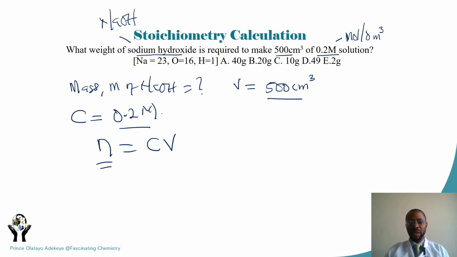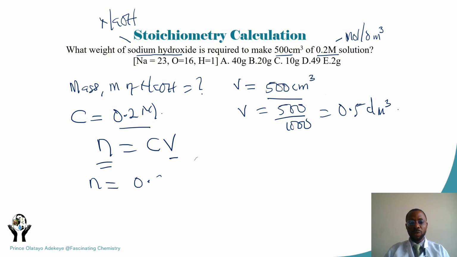But don't forget, if our C is mole per dm cube, our volume must also be in dm cube. So we have to convert this volume to dm cube, and by doing that, we have to divide our value by 1000. So 500 divided by 1000 will give us 0.5 dm cube. So from there, our N will be equal to 0.2 multiplied by 0.5, and that will give us 0.1 moles.